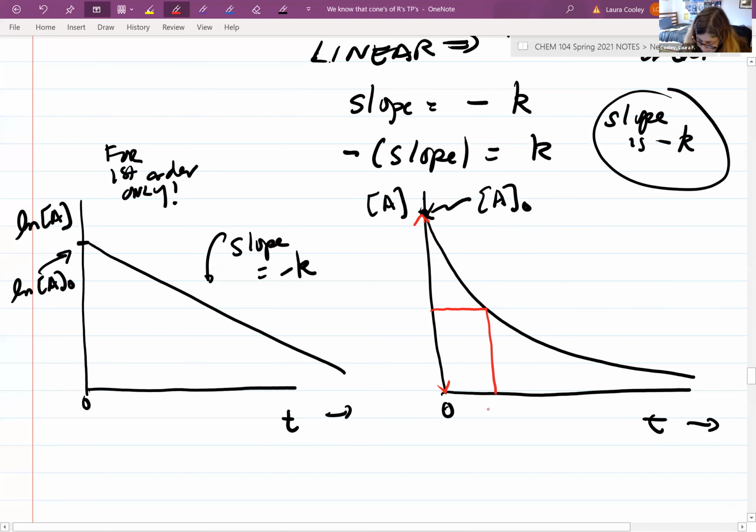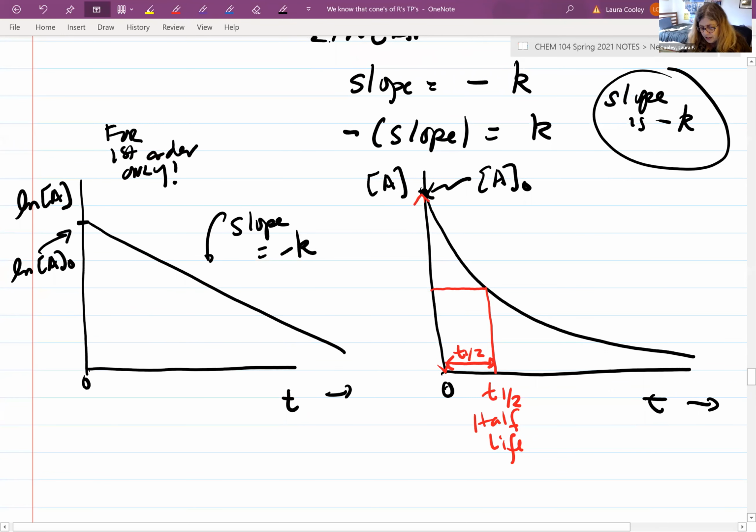This is the half-life. It is the time it takes. It's this time here, t1/2. It is the time it takes for that curve, for this concentration, to go down to half of what it was initially.